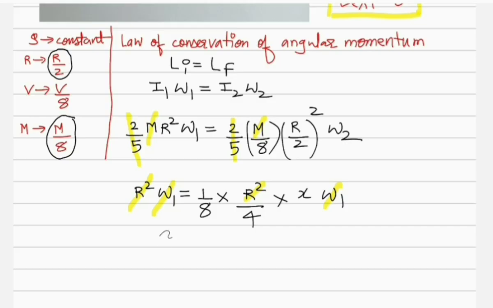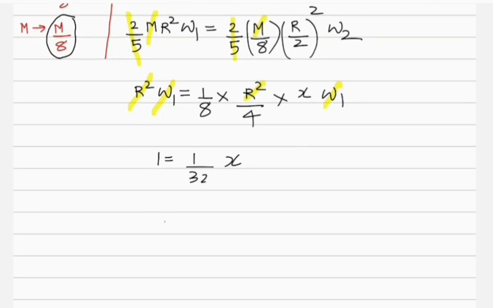So you will get 1 equals 1/32 into x. Just doing cross multiplication, we get x equals 32.